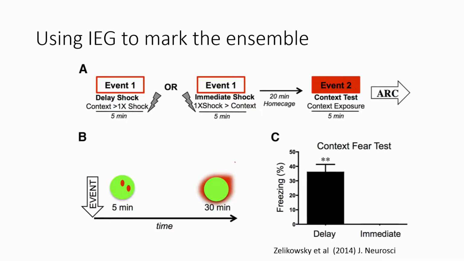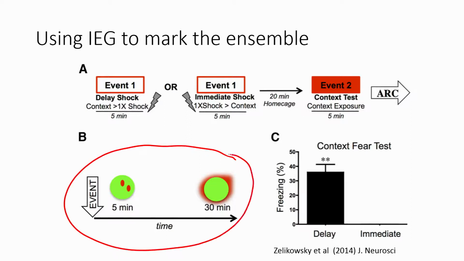Let us look first at figure B here. If this circle, colored green here to identify the nucleus, is the nucleus of the neuron, you would see two puncta, and these puncta represent the transcriptional activation sites in the neuron, and you will see this within 5 minutes of the activation of the neuron for ARC.